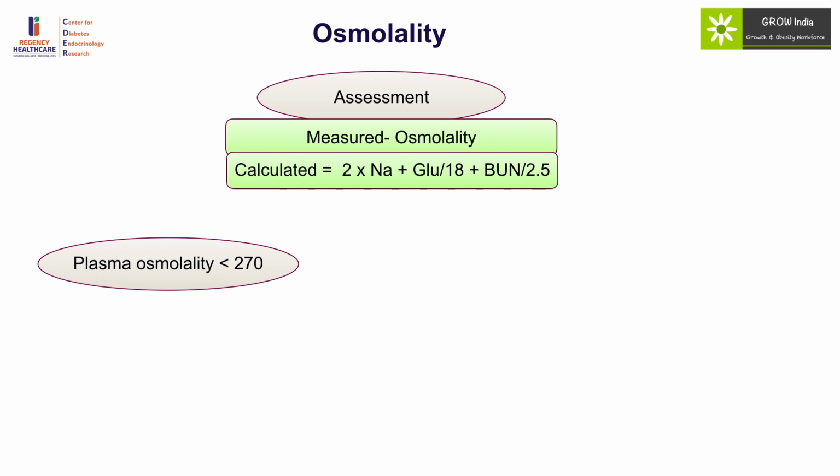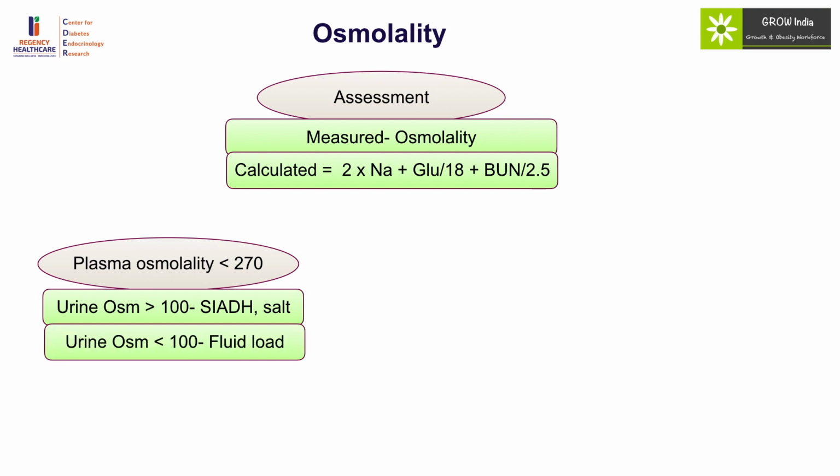Plasma osmolality levels less than 270 are confirmatory of hyponatremia, and in this situation one would expect the urinary osmolality to be low. But if there is urinary osmolality which is more than 100, there is a possibility that there is abnormalities as far as SIADH or a salt loss is concerned, while if we have appropriately dilute blood and dilute urine, it indicates fluid load.